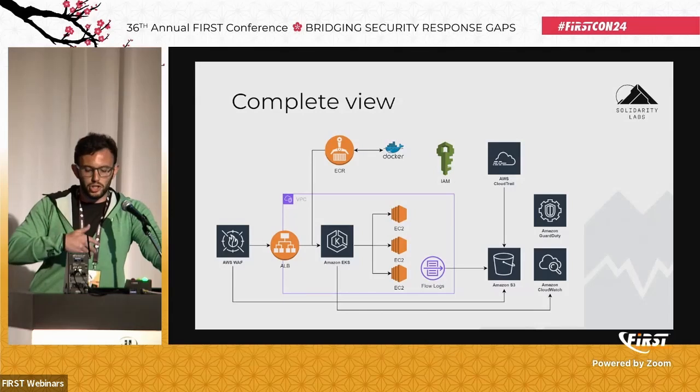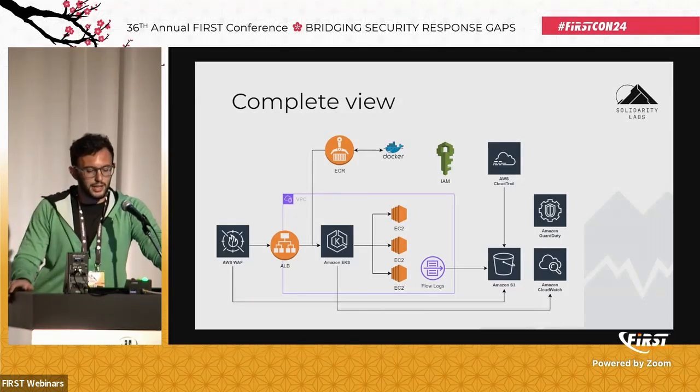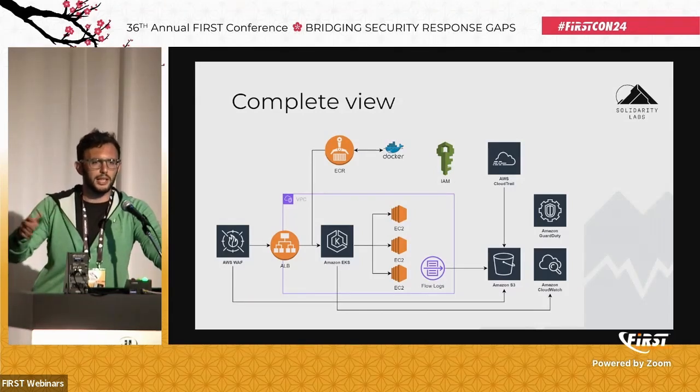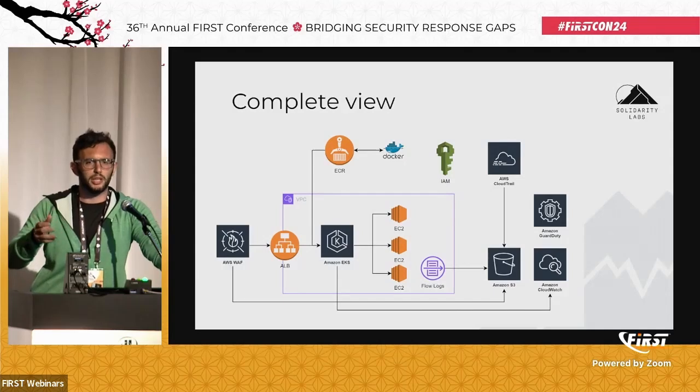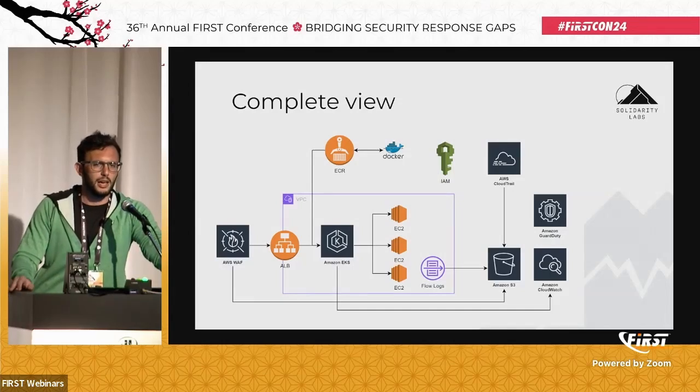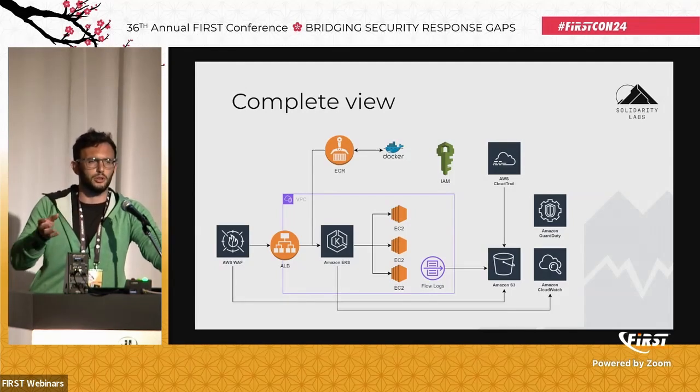All the logs are being shipped to CloudWatch, and they had enabled AWS GuardDuty, that is an automated threat detection tool that is really used in AWS environments, because it's not only monitoring what's going on within AWS, but also monitors what's going on within the Kubernetes cluster inside AWS.